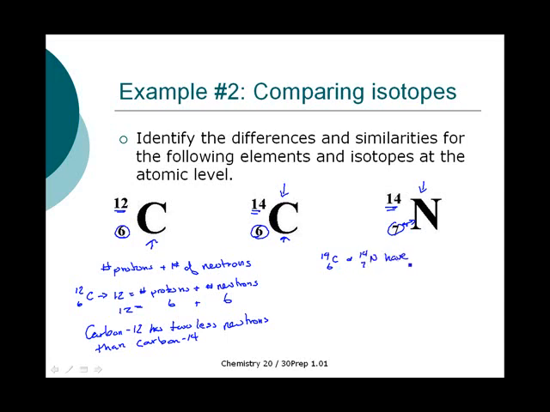They have a different number of protons, so they differ in the number of protons, which is the 6 and the 7. So nitrogen has one more proton. They also differ in the number of neutrons.